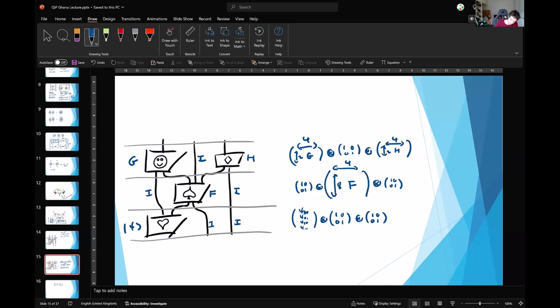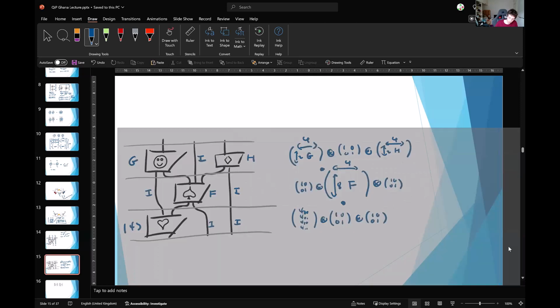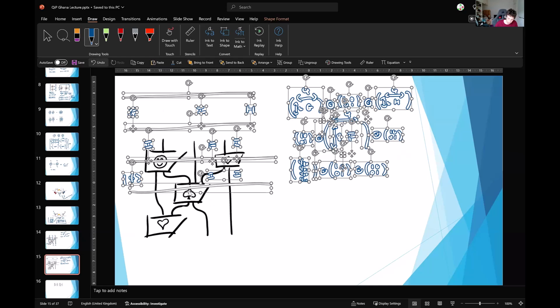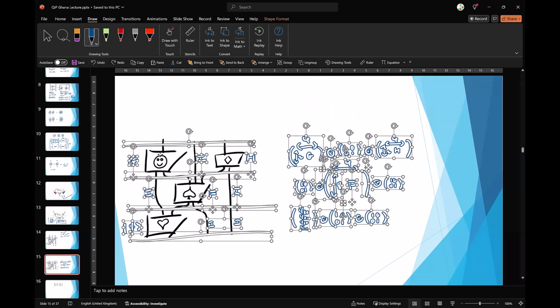And then you have to compose these. So you take a product here, and you take a product here, and that's what your final matrix kind of looks like. So it's a very big expression that would require quite a lot of effort to just write down.